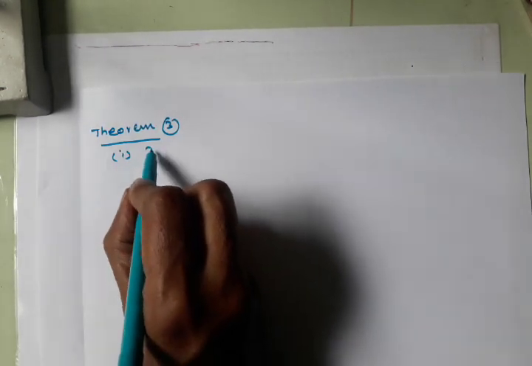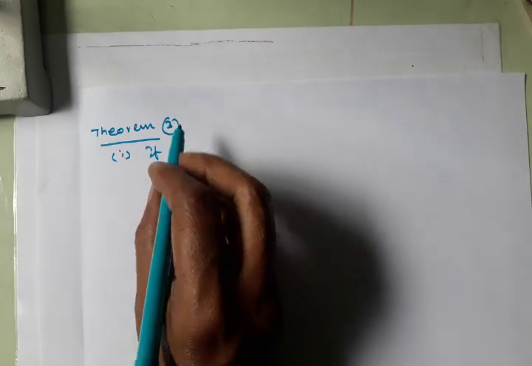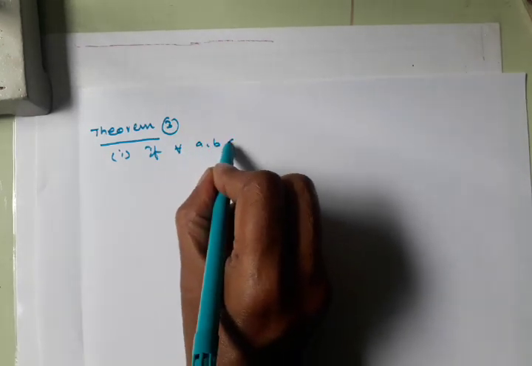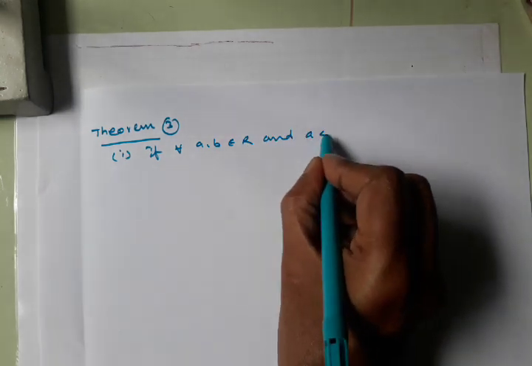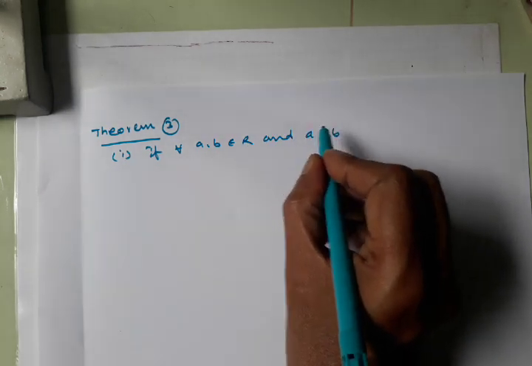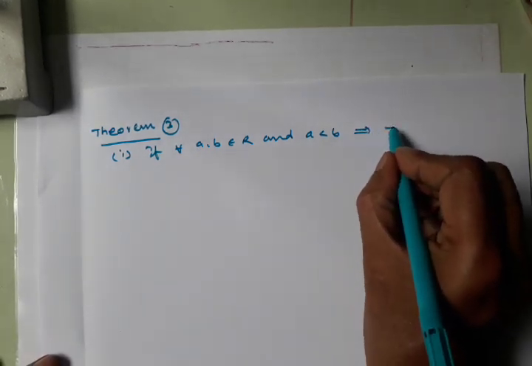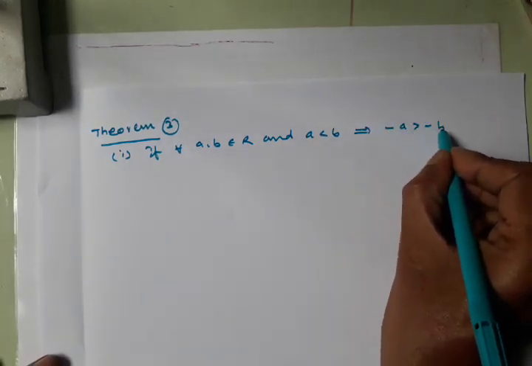In that first result, for all a, b belongs to R, a is less than b implies minus a is greater than minus b.